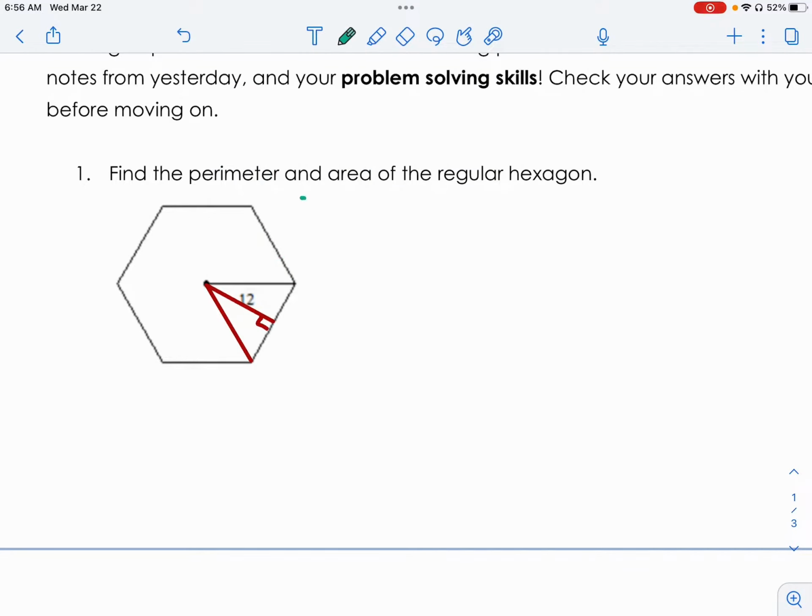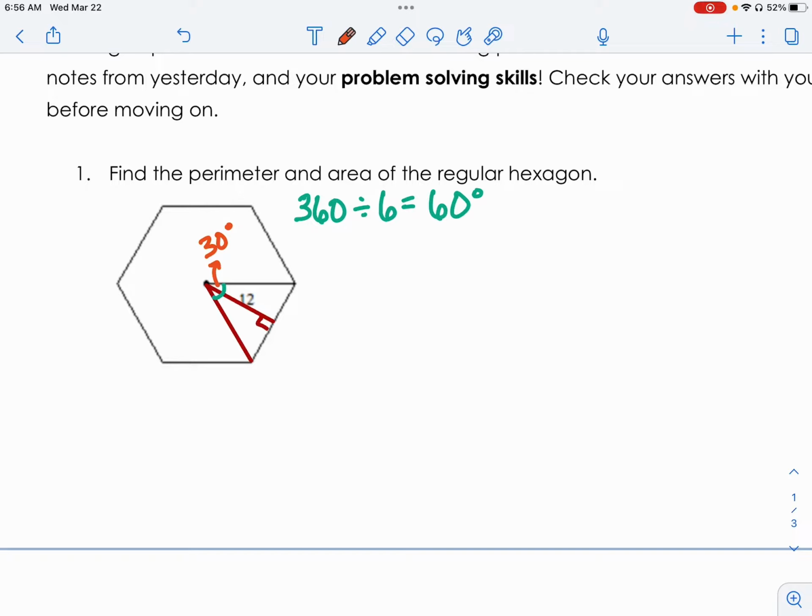Now, thinking about a regular hexagon, to find that central angle, you do 360 divided by 6, because there's 6 sides. That equals 60 degrees. Now, that is the whole thing here. When this gets cut, just one side of this is 30 degrees.